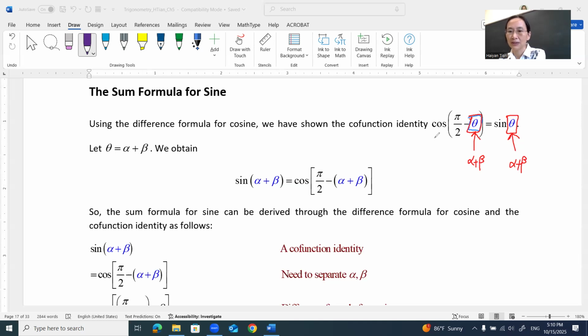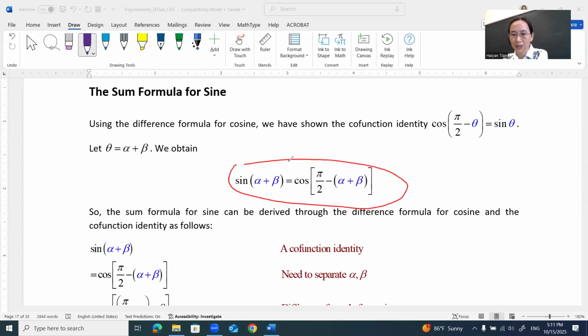So when theta is alpha plus beta, you see cosine of half of pi minus alpha plus beta, the right-hand side will be sine of alpha plus beta. So we get a new identity. Now theta is very specifically this sum, and from here we will be able to find a formula for sine of a sum.